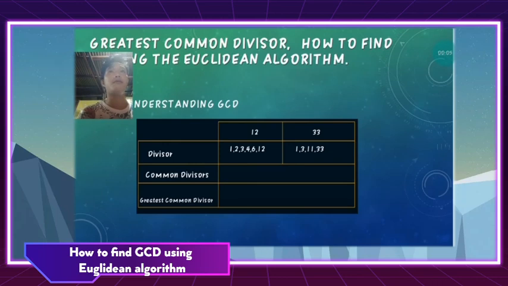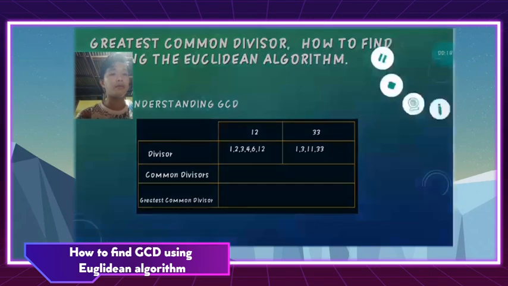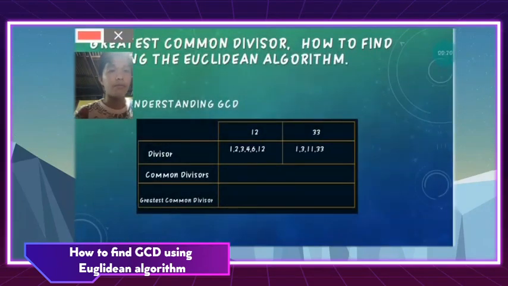So let's now focus on the common divisors. Now, in this set of divisors, what are all the common divisors? We have one here, and also we have one here.